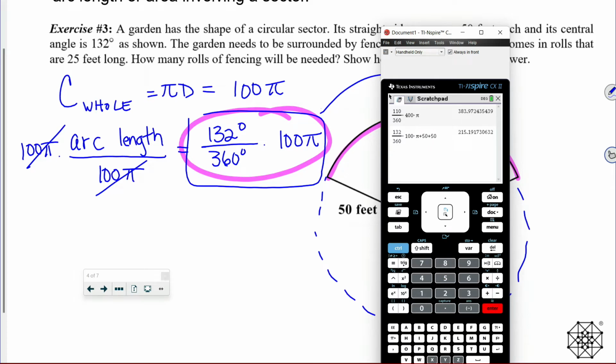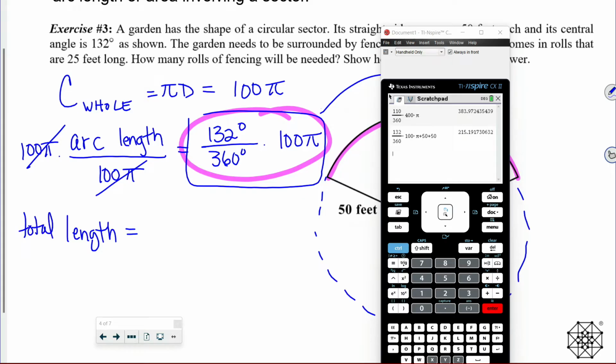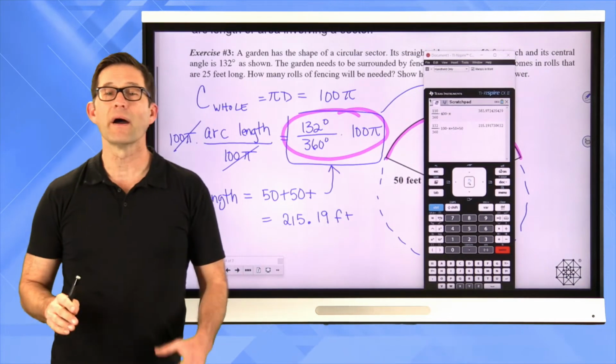And so I have a length, not an arc length, but a total length maybe. Let me put down the word total. A total length of 50 plus 50 plus that, which is going to be 215 point, let's say, 19 feet. All right, that is my total length.